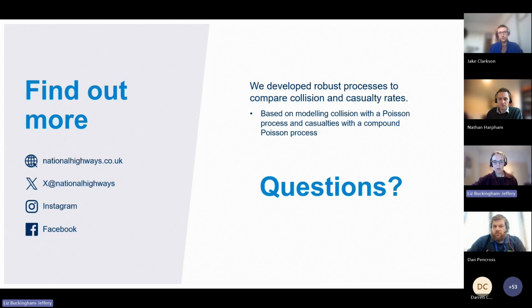On our website, I should maybe have put the link on the slide, we put out our document explaining these methods and thinking, and in the annex are all the algorithms, for want of a better word.